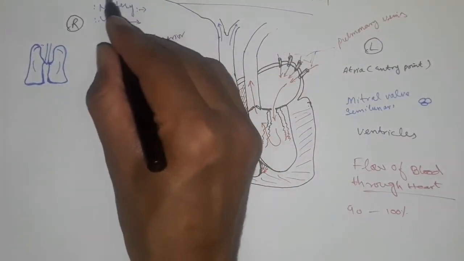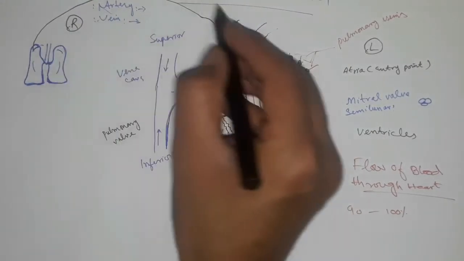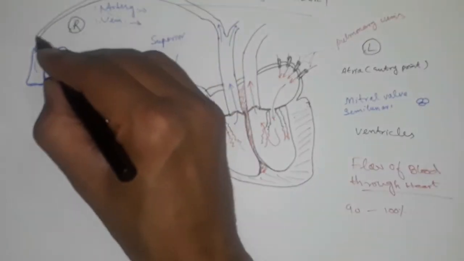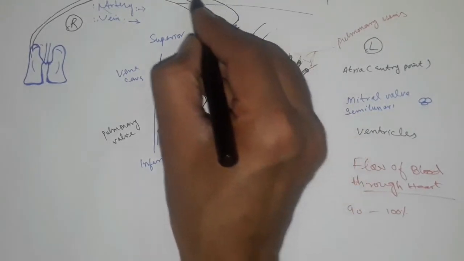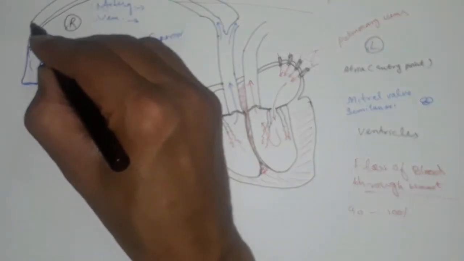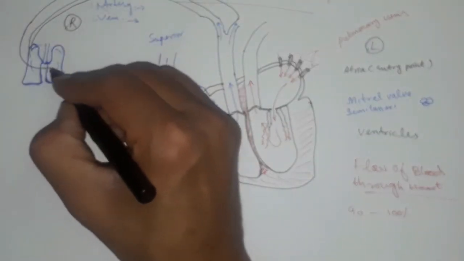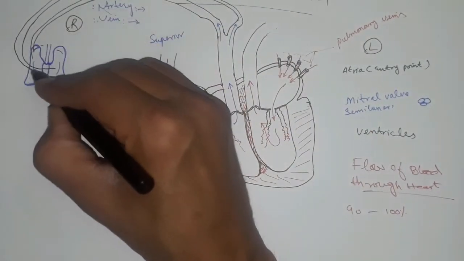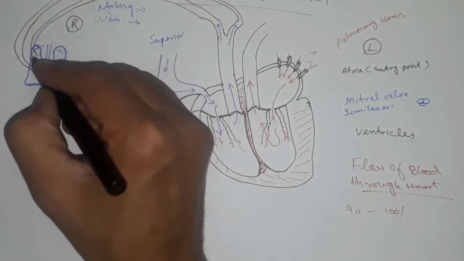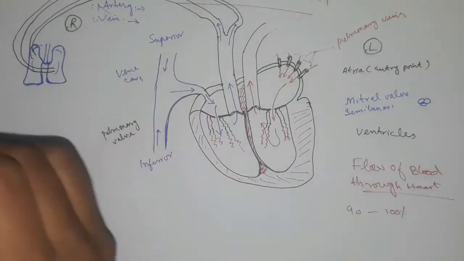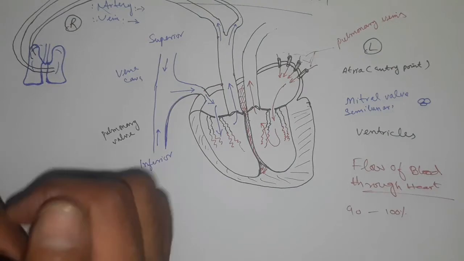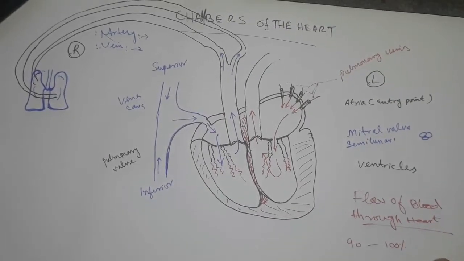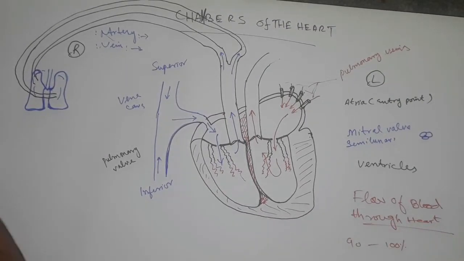This one artery will supply this lung, and this one will supply this lung. So blood is carried into the right and left lung for oxygenation purposes.